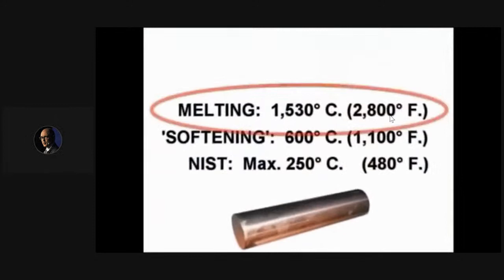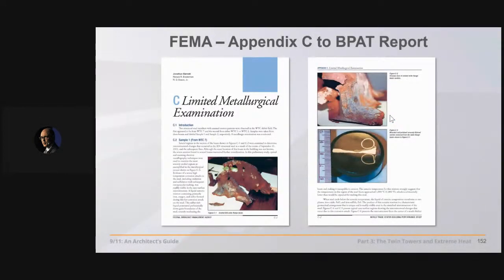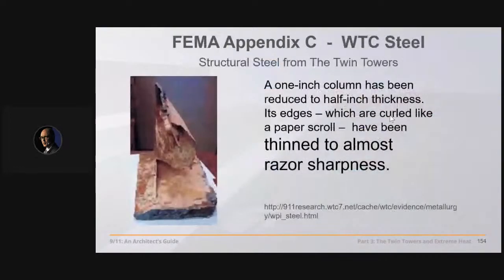Hey, we're getting somewhere, because FEMA, the first U.S. agency to do a building failure report, in May of 2002, documented in Appendix C of their Building Performance Assessment Report and Metallurgical Examination that the steel, a 1-inch thick column, has been reduced to 1/2-inch thickness, its edges curled like a paper scroll, having been thinned to almost razor sharpness.